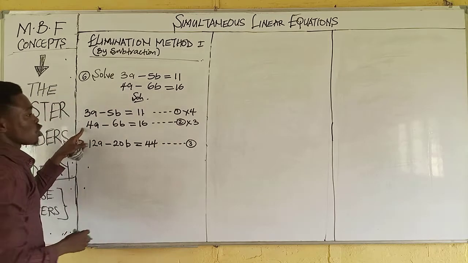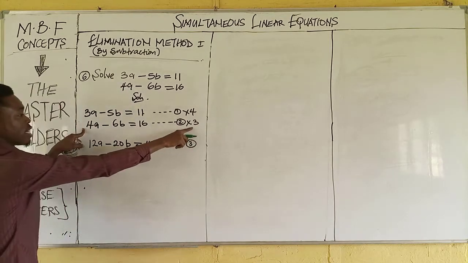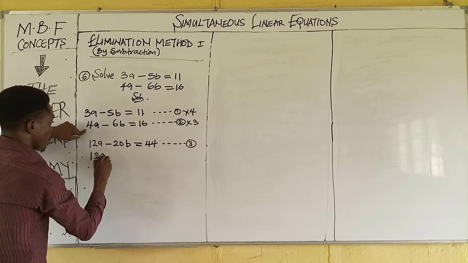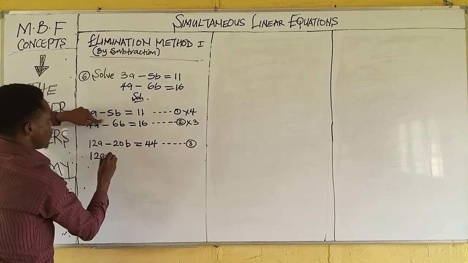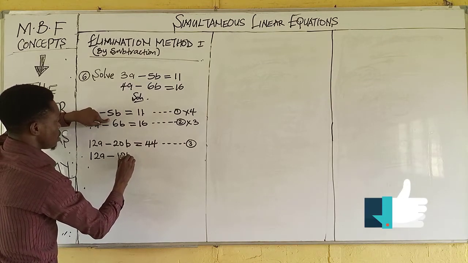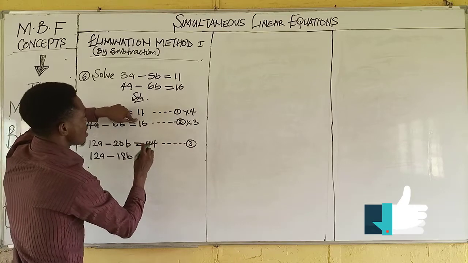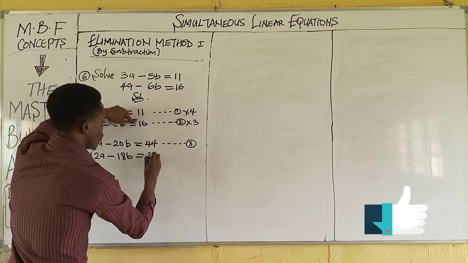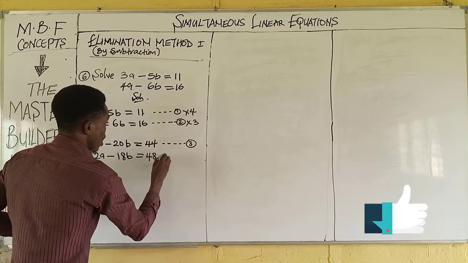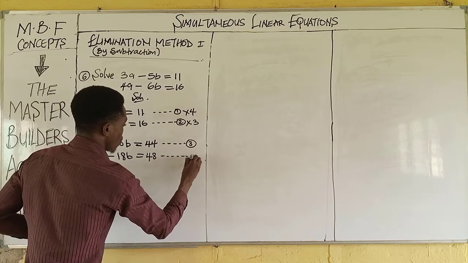Then we will come to equation 2 and multiply everything by 3. So 3 multiplied by 4a, this will give us 12a. Then 6b multiplied by 3, we have 18b, equal to 60 multiplied by 3, we have 180. This will give us equation 4.